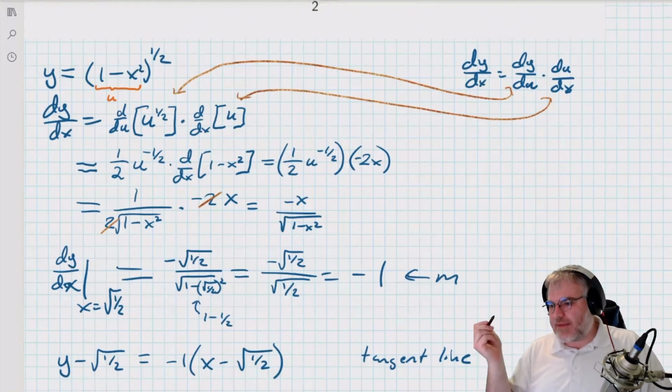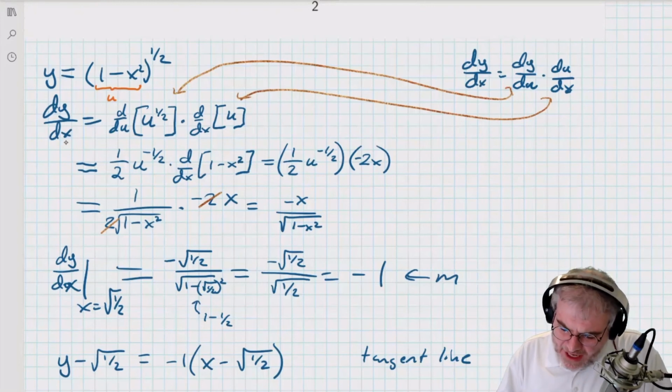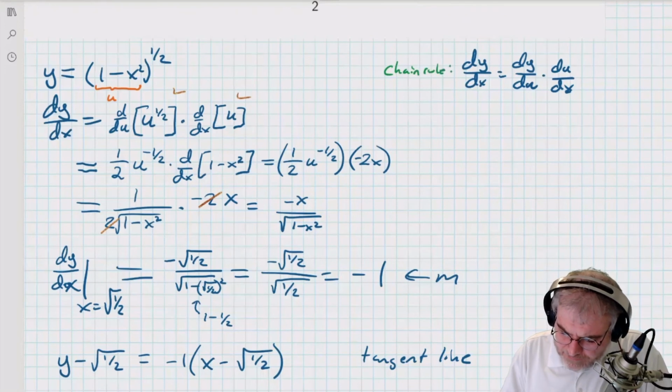That's what I got when I made the equation happen. So for dy over dx, I'm going to call 1 minus x squared u. And I'm going to have the derivative with respect to u of u to the 1/2 times the derivative with respect to u of, I'll just write chain rule here, times the derivative with respect to x of the u.